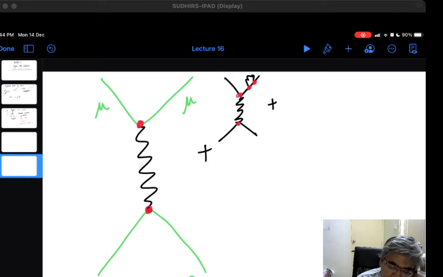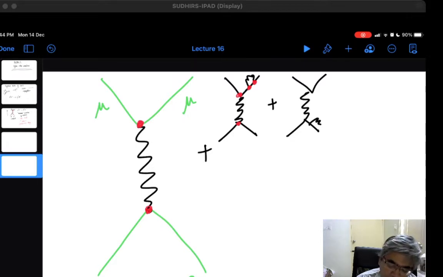Similarly, I could have a vertex something like here. I can have a vertex here, here, here, here.